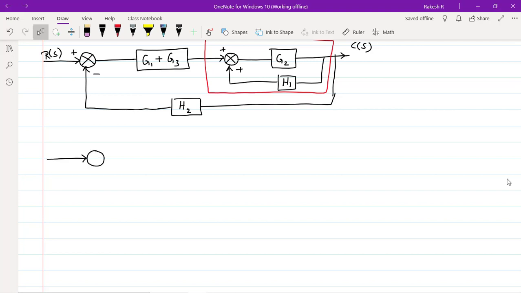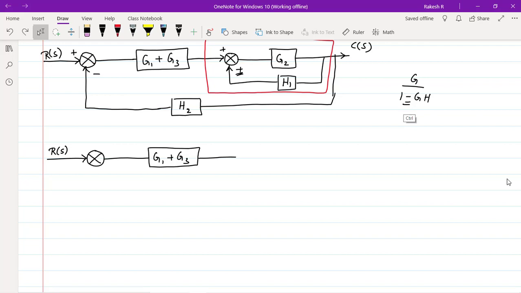This is the input R of S and the blocks G1 plus G3 here. Then instead of this, what we are supposed to do is, for a simple feedback loop, the formula is G divided by 1 minus GH. When we have the positive feedback, then the sign will be negative here.